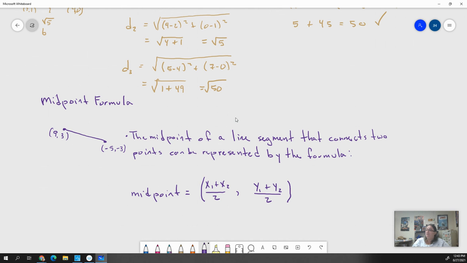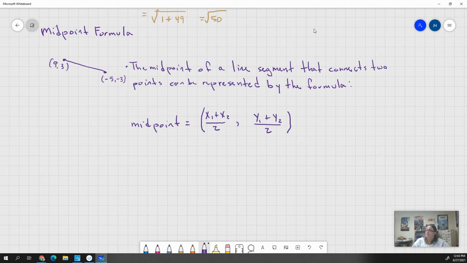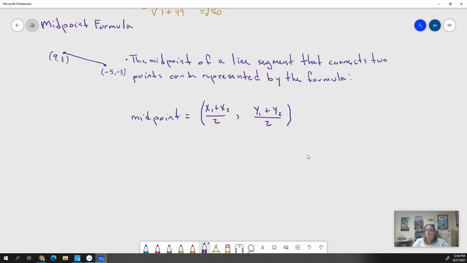I can make either of those x1, y1, or x2, y2, right? I could call this point x1, y1, and this one x2, y2. Doesn't matter. It's arbitrary, right? I could have made these x1, y1, and those x2, y2.